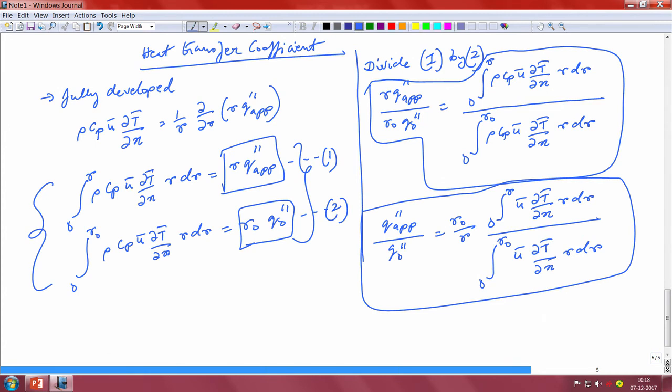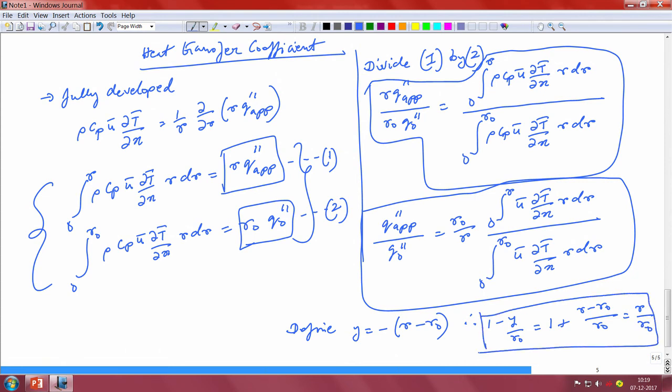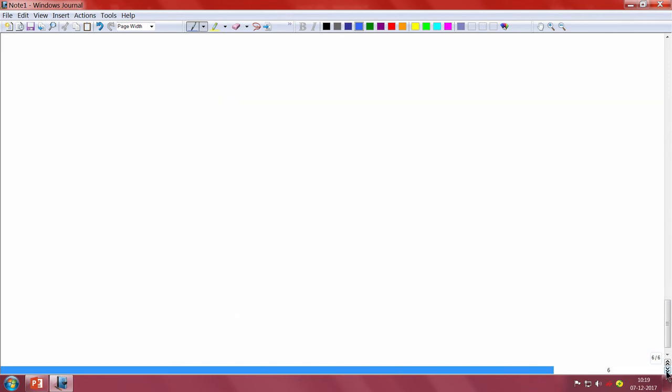Okay. So, at this point once again we define y equal to r naught minus r, that is the same way that we defined it in our velocity case. So, this will lead to 1 minus y by r naught being equal to 1 plus r minus r naught by r naught, which will give you basically r over r naught, right. Okay. This is what you get.